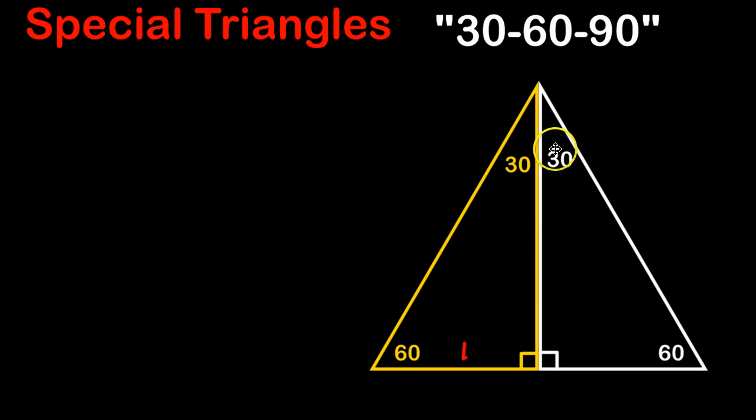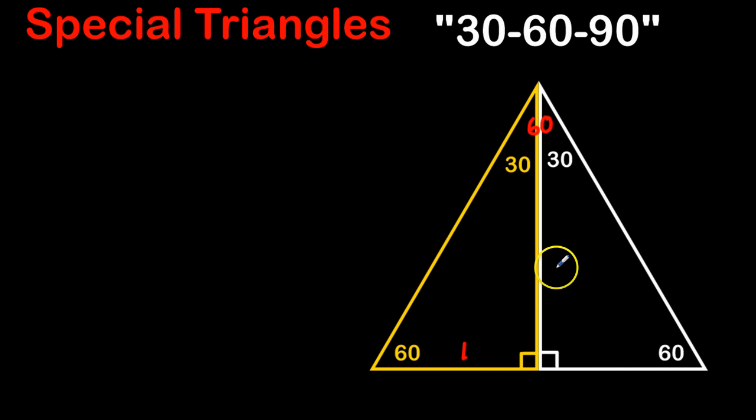So what I've done is I've essentially cloned that yellow triangle, flipped it, and stuck it to the other side to make an equilateral triangle, in which case all the sides are the same length, because right here 30 and 30 together make 60. And so if all the angles are 60, 60, 60, then all the sides are the same length.